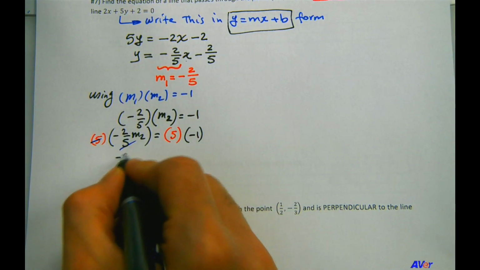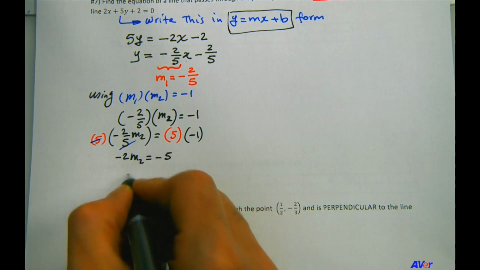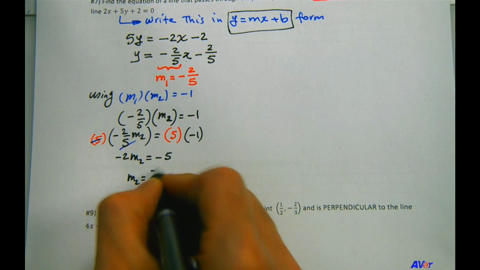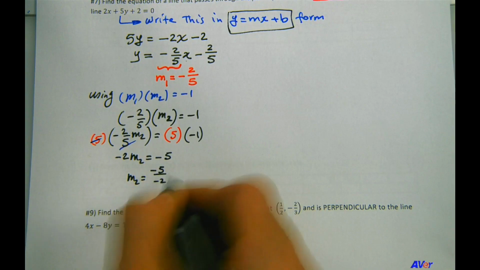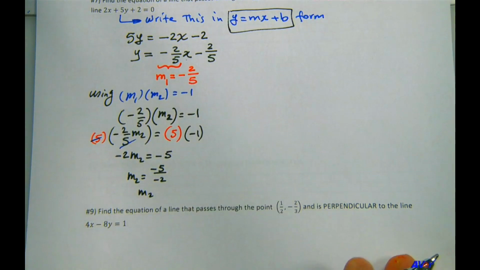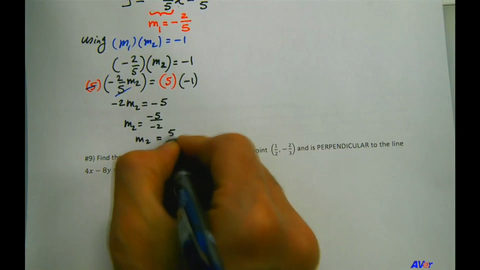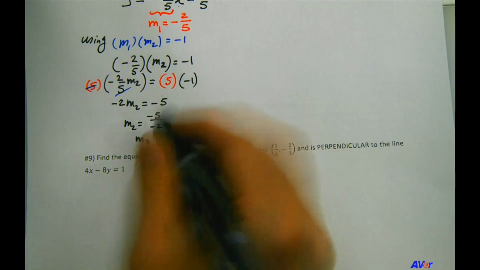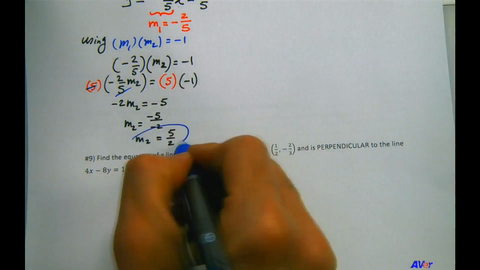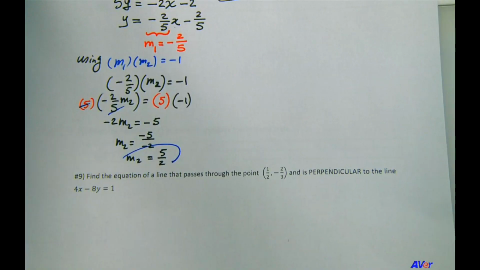We get -2 m2 equals -5, and then m2 is -5 over -2, which means m2 is equal to positive 5 over 2. Okay, so that's the slope of the perpendicular line, the slope of the line we're looking for.